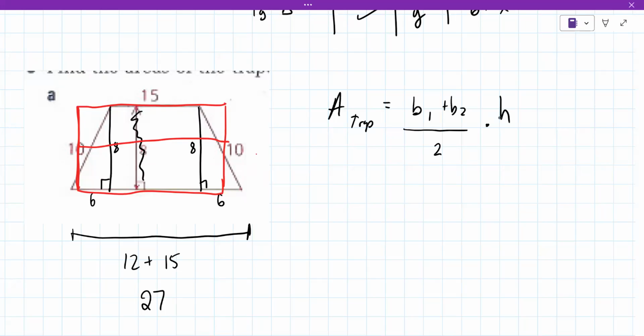Okay, I got 168. And there are no units for who knows why. All right. New problem here.